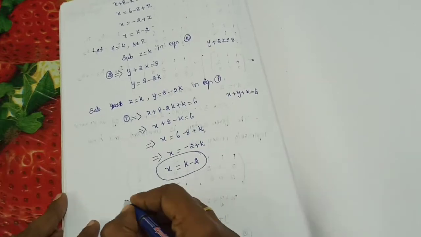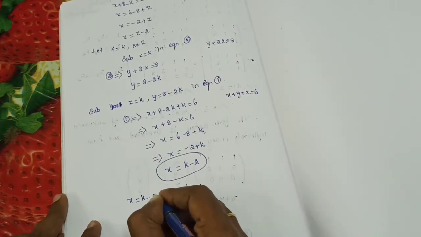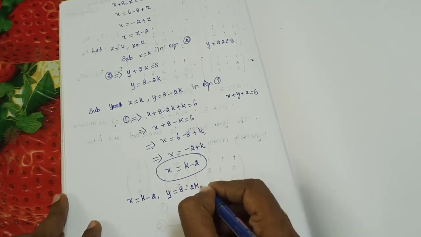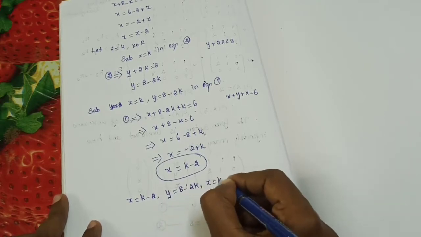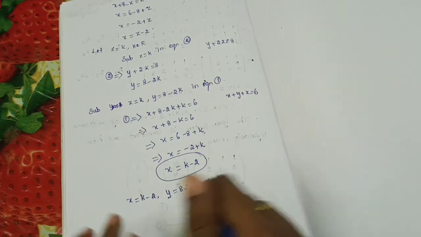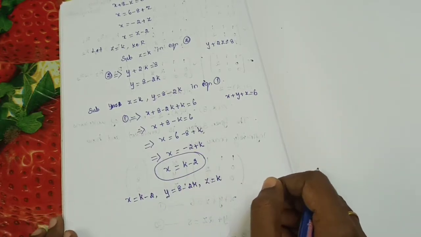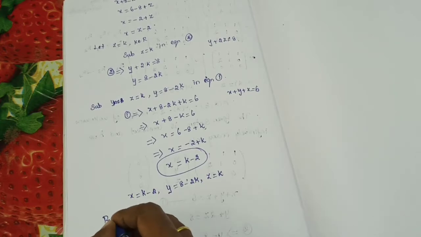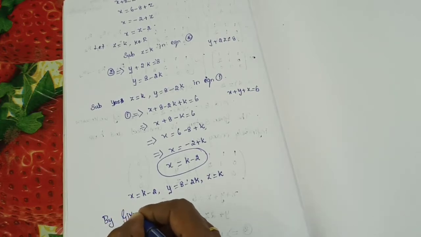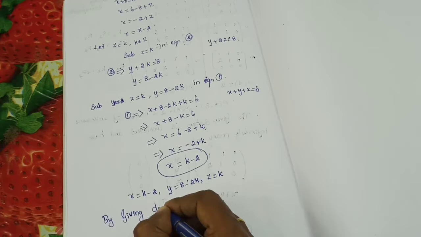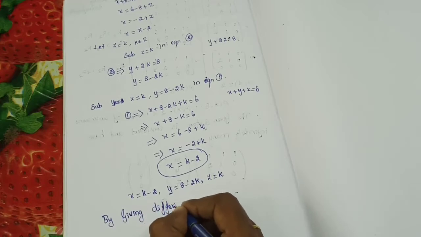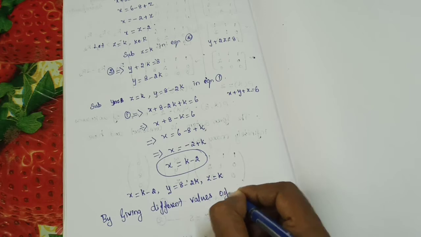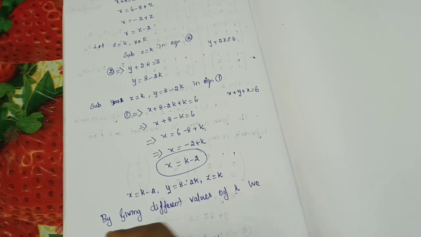Now listen here. Now x is equal to k minus 2, then y is equal to 8 minus 2k, then z is equal to k. Understand? So these are the values you have obtained. And how will you conclude the answer? By giving different values of k, we get different solutions.